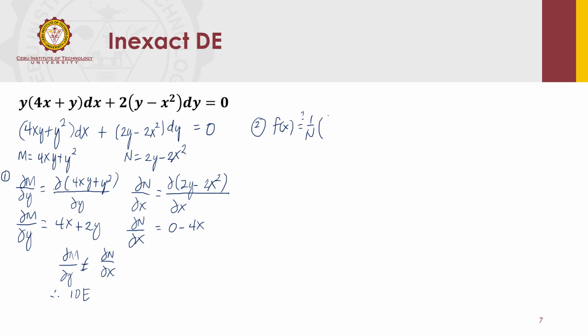So if it's already N here, then the one inside the parentheses should start with M and then N. N is 2y minus 2x squared.